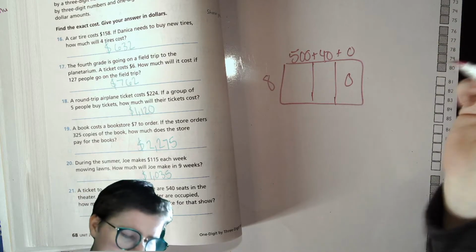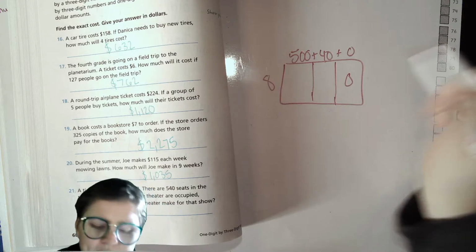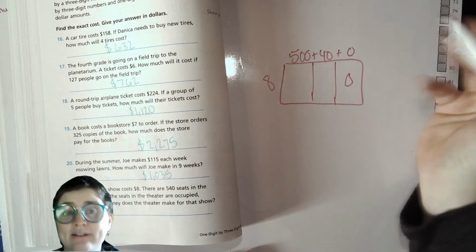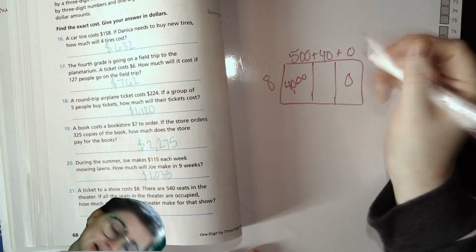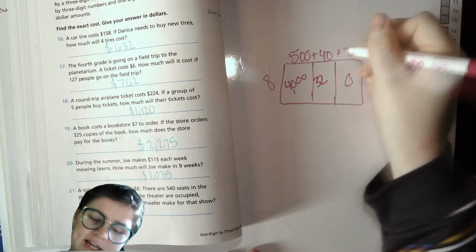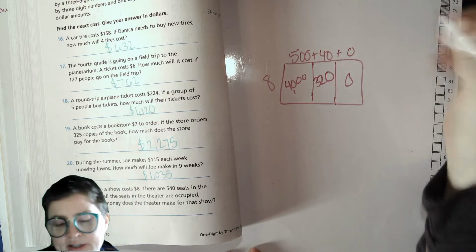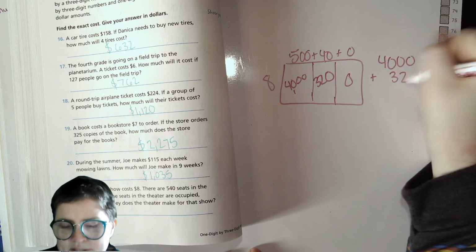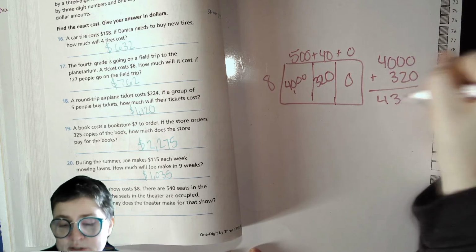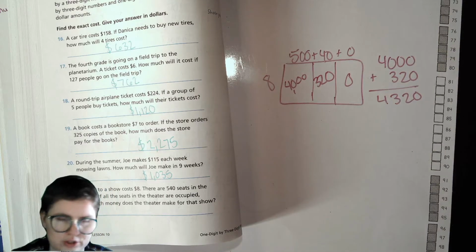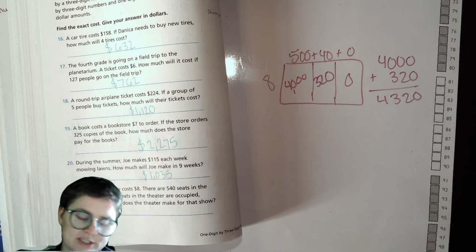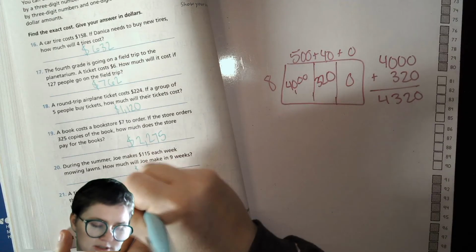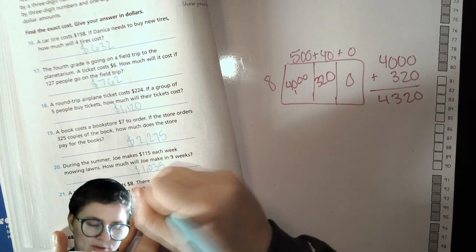If all the seats in the theater are occupied, how much money does the theater make for that show? So 8 times 5 is 40. 8 times 500 is 4,000. 8 times 4 is 32. 8 times 4 tens is 32 tens, so 320. So 4,000 plus 320 is $4,320. Some people jokingly say doll hairs. 4,320.